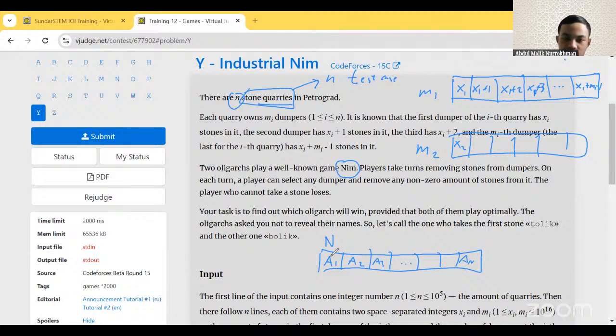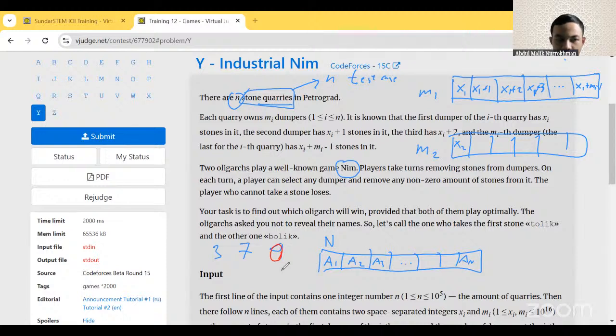Each player can take some stones from one of the piles. For example, the first player takes 2 stones from here, so it becomes 2. Or he can also take all of the stones in one pile, so it becomes 0. The pile becomes empty.